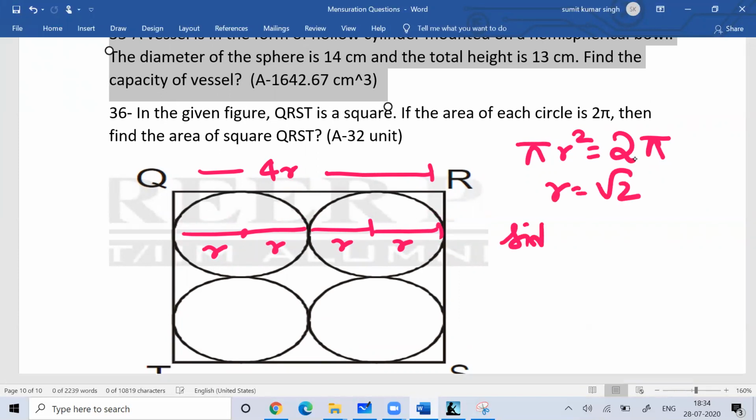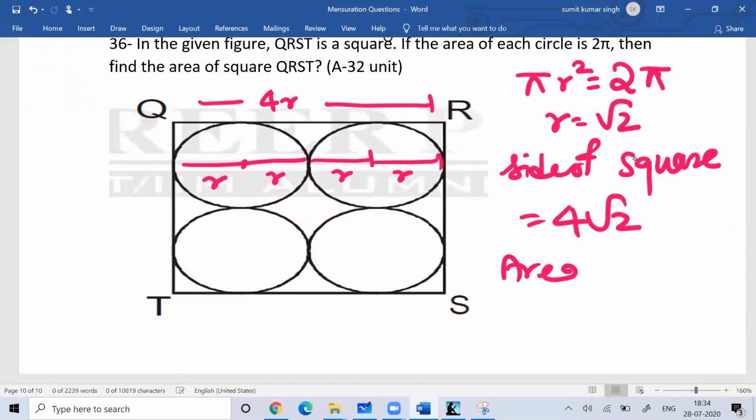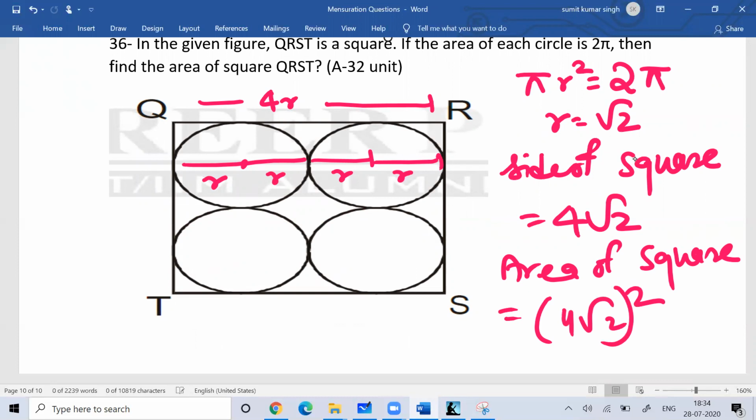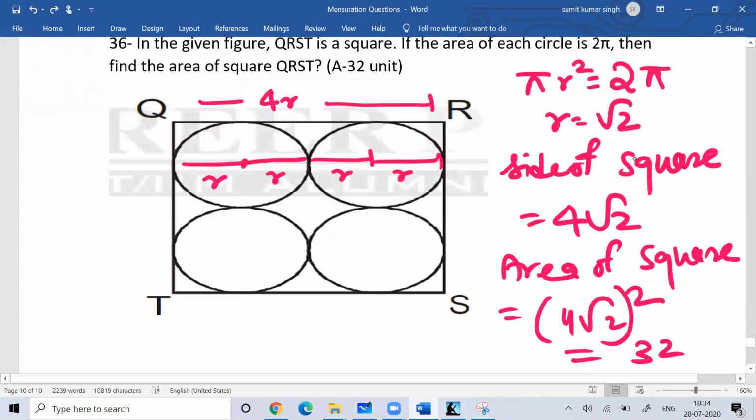So the side of the square will be 4√2. So if I'm asking you what is the area of the square, the area of the square is (4√2) square, that is equal to 16 into 2, which is 32. 4 square is 16, 16 into √2 square is 2, that is 32. Fine. So I hope you understood this.